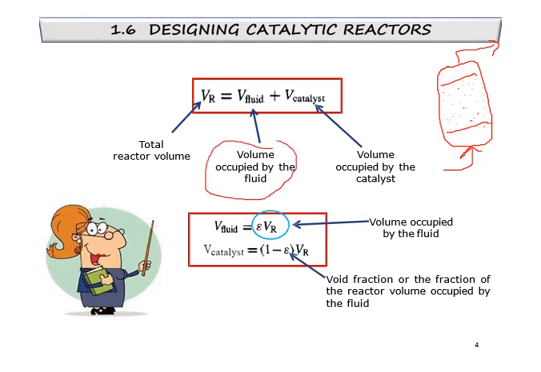The volume of fluid is regarded as void fraction times volume of reactor, and volume of catalyst can be regarded as 1 minus void fraction times volume of reactor.